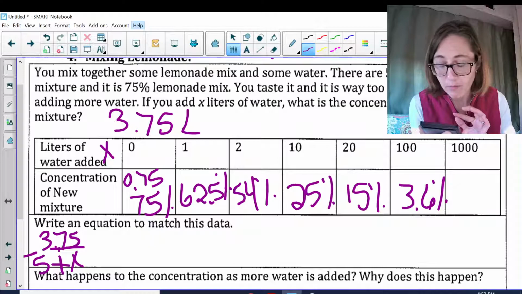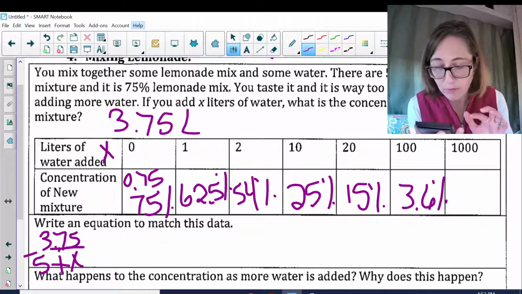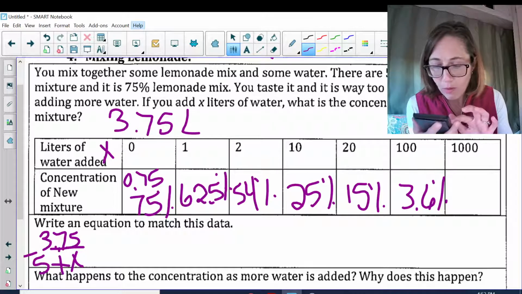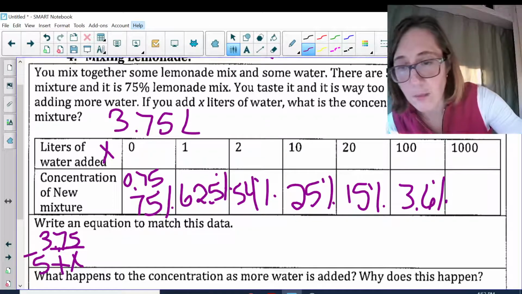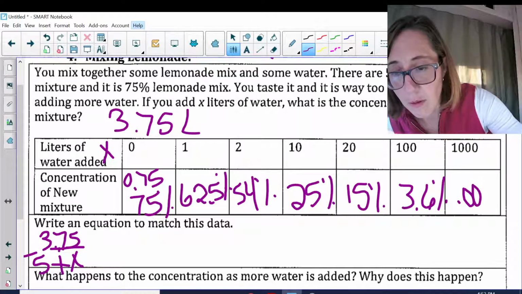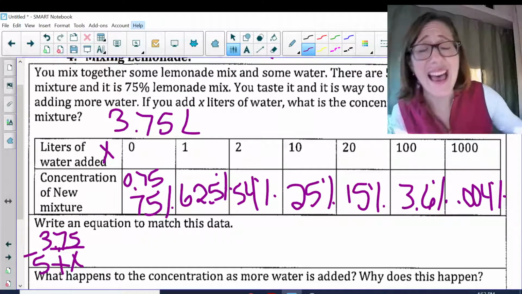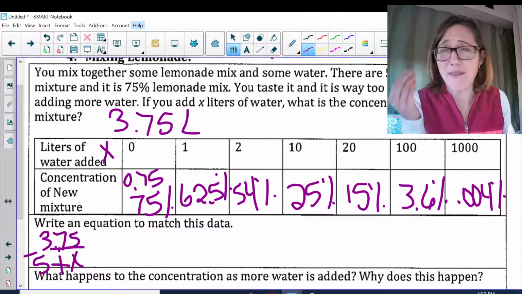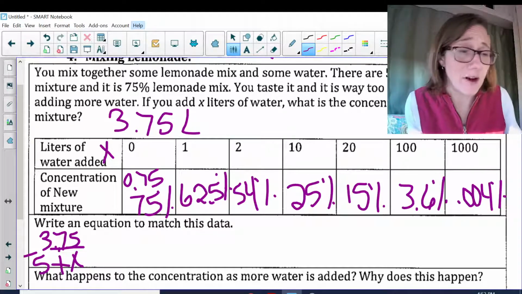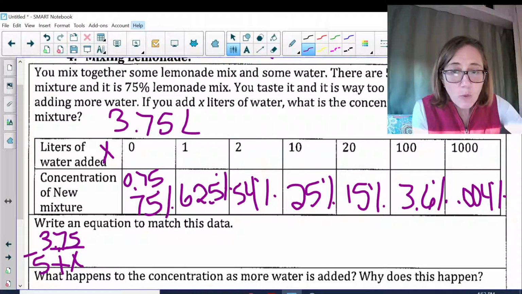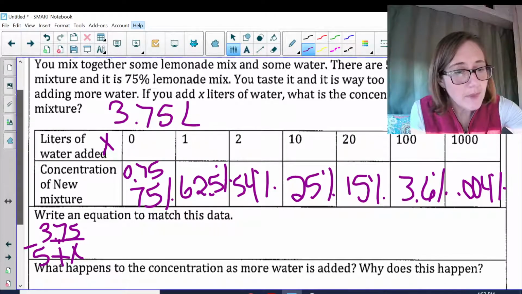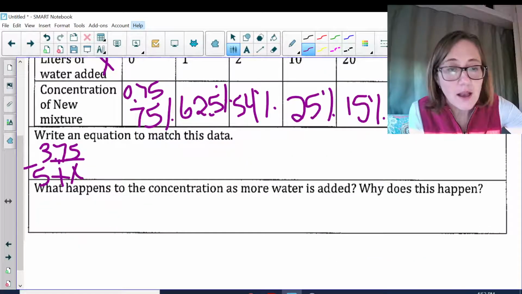And oh my goodness, it's so small. It is way under 1%. It's like 0.004 approximately. So I don't even know if our taste buds would be able to tell that it's not just water at that point. So what happens to the concentration as more water is added?